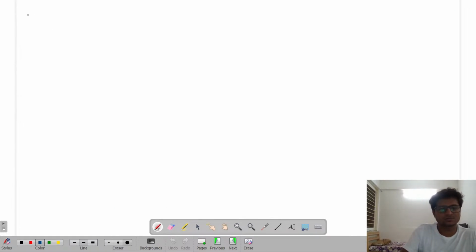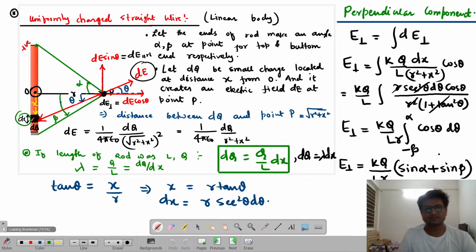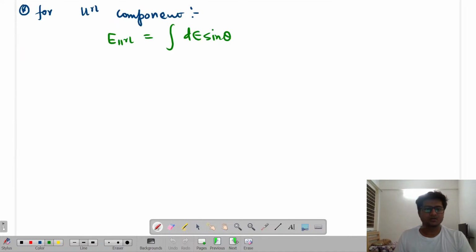For the parallel case, for the parallel component, the electric field E parallel will be the integral of the parallel component, which is dE sin theta.